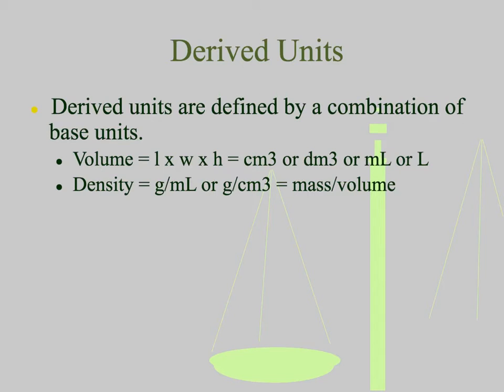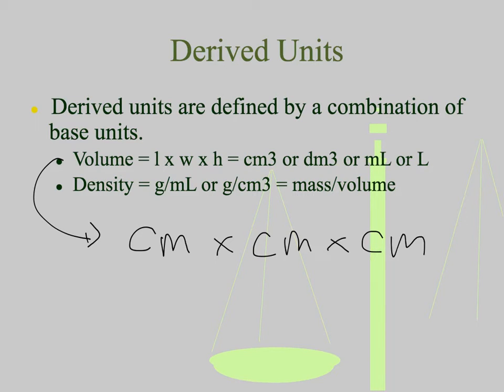So from units, you can actually get derived units. That means you have more than one base unit. For example, volume is length times width times height. That means you're taking centimeter times centimeter times centimeter, and you get centimeter cubed.